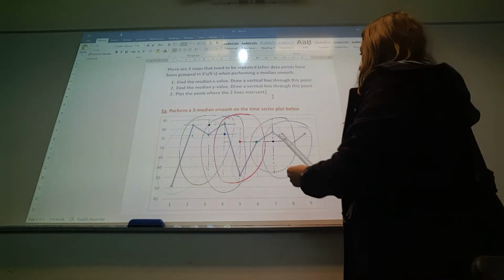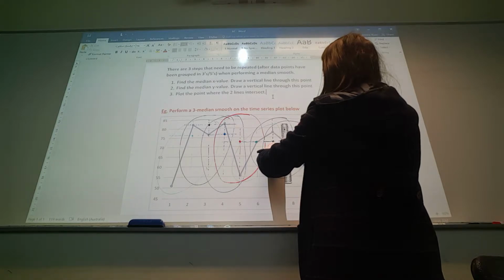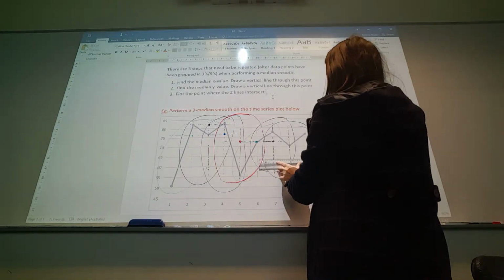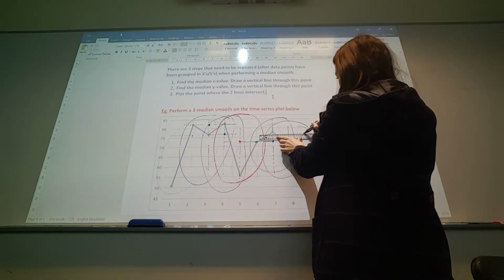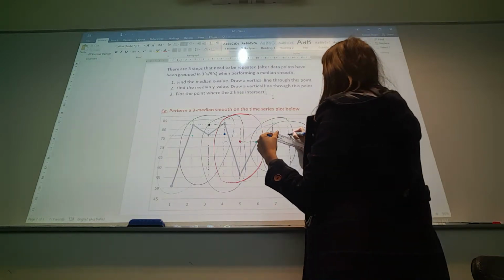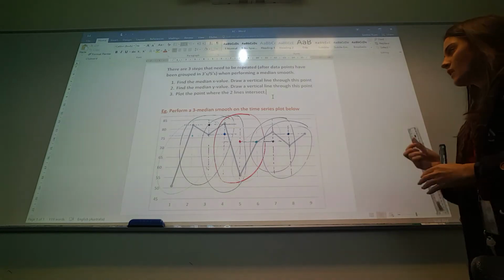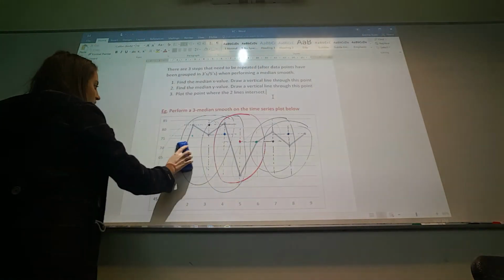Once you've done that, I would suggest that you rub out a lot of the lines that you don't need. And then join it with the ruler. So I would then rub out everything except for the points.